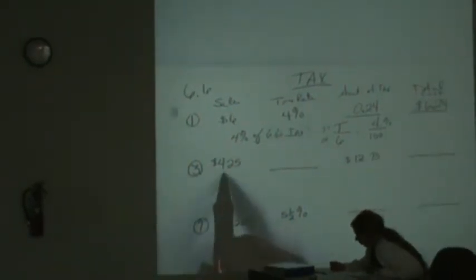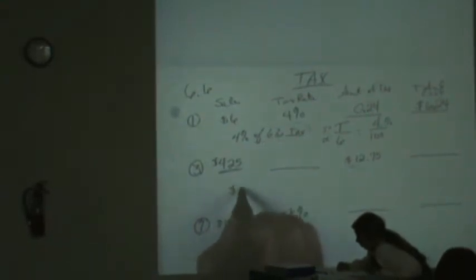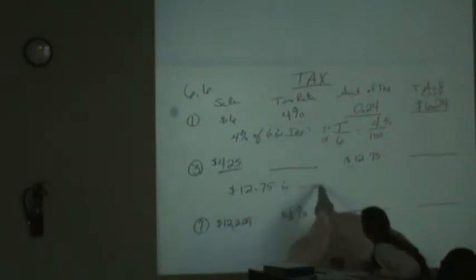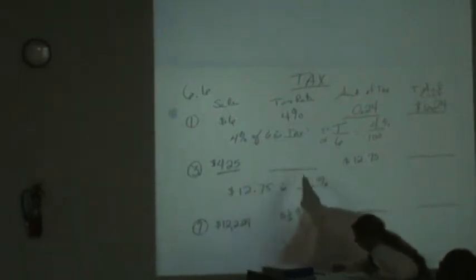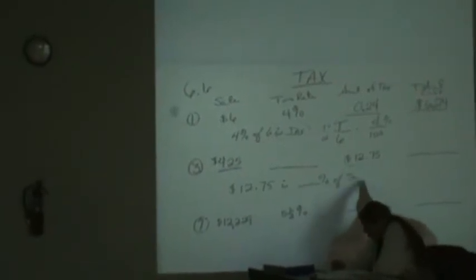Okay. Here we have the price and how much the tax is. The tax, $12.75, is what percent? We don't know the percent of our sale. Instead of putting sale here, we'll put the amount, $4.25.